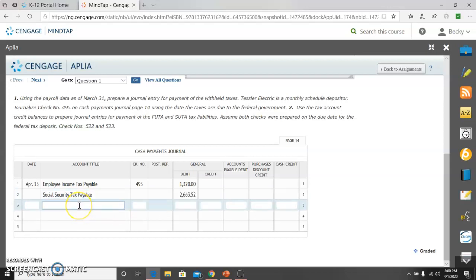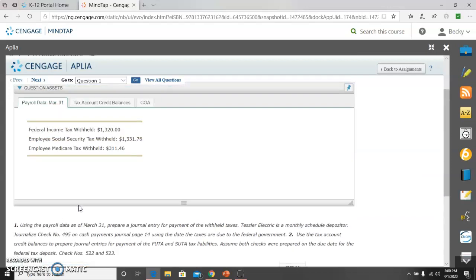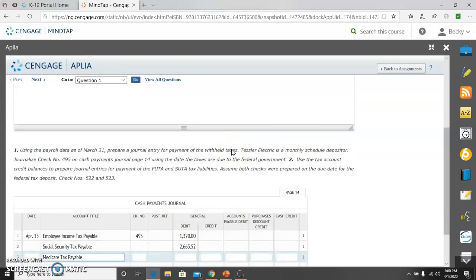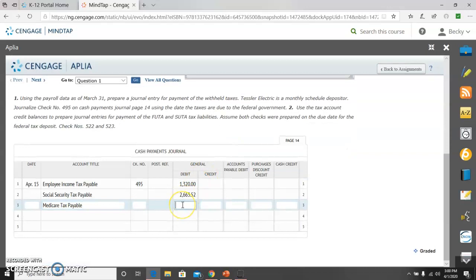And then the other account I'm going to debit is Medicare tax payable. And the amount I'm going to use for that, again, is the employee portion, $311.46, and the employer portion of $311.46. So that would be $622.92.